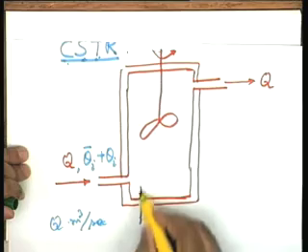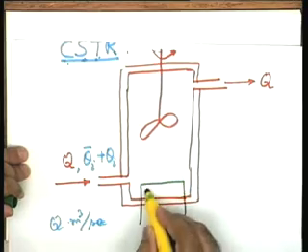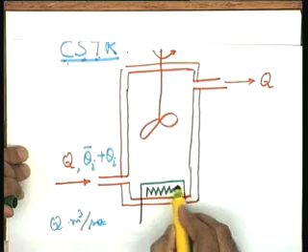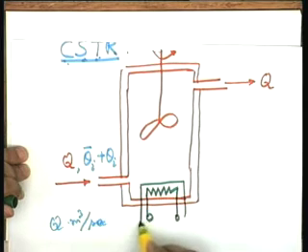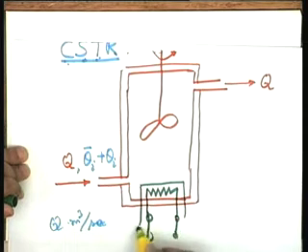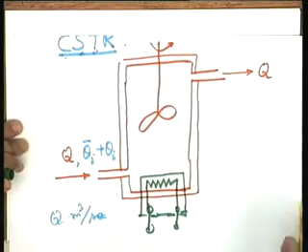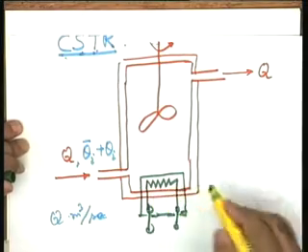Okay. Now, let us say what is the process. In this particular case, it is a heating process and I take up the situation where the heating is going on through a heater. This is the heater element and through this heater the heating is going on.